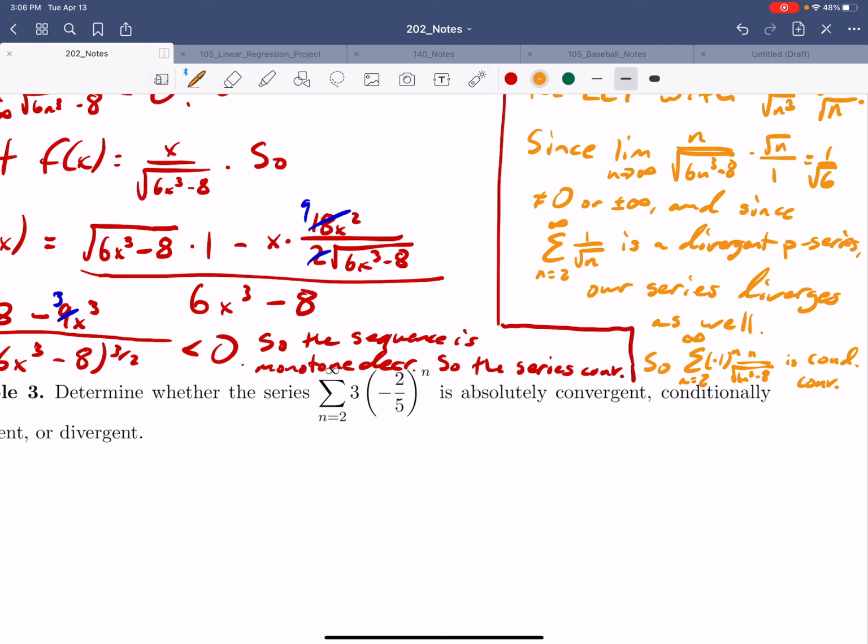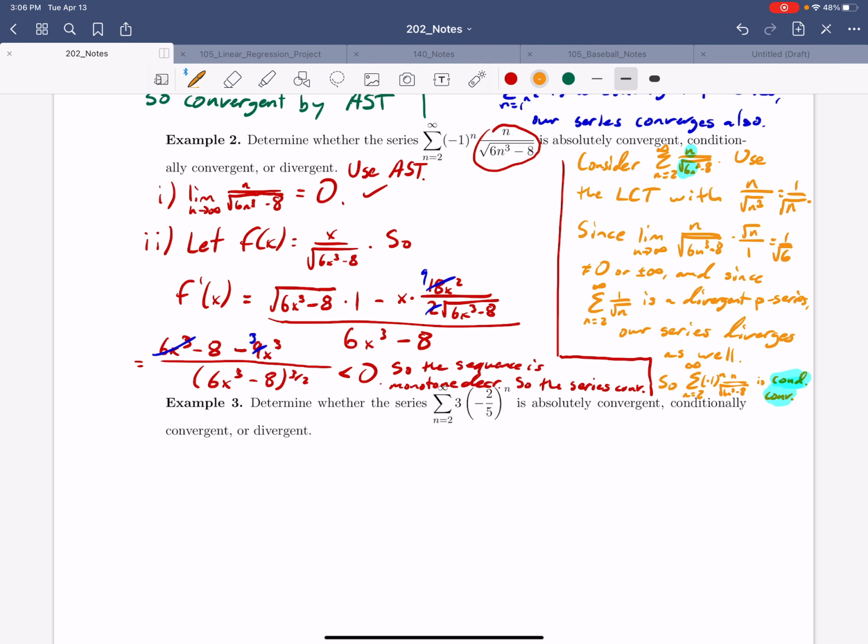Okay. That's our answer. Because again, the original series converged, but the absolute value diverged. So this is an example where that alternation really did make a difference in terms of whether the series converged.